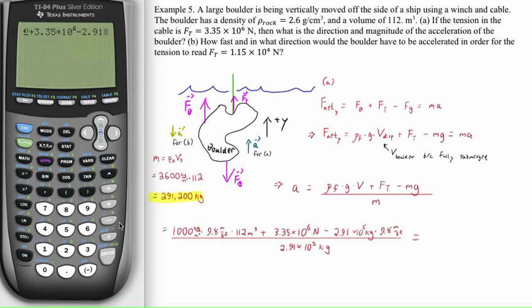So 2.912 times 10 to the 5th, and then multiplied by 9.8, and then that's all going to be divided by just the mass, so 2.912 times 10 to the 5th.